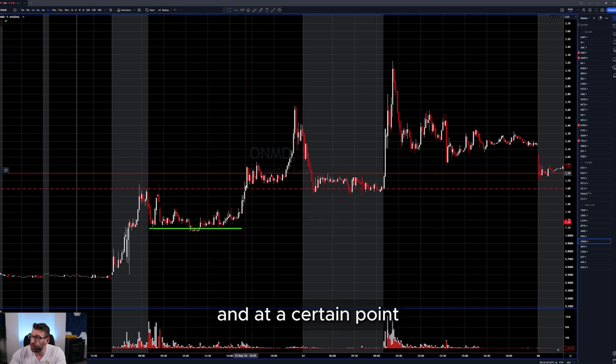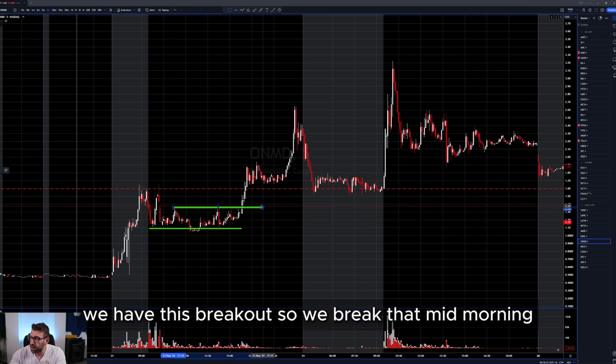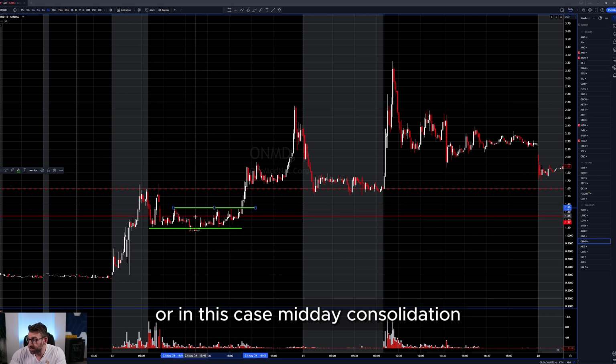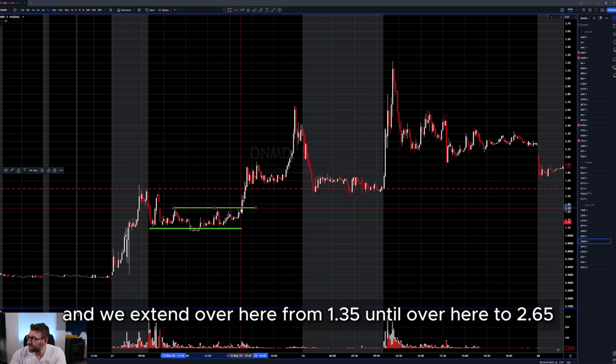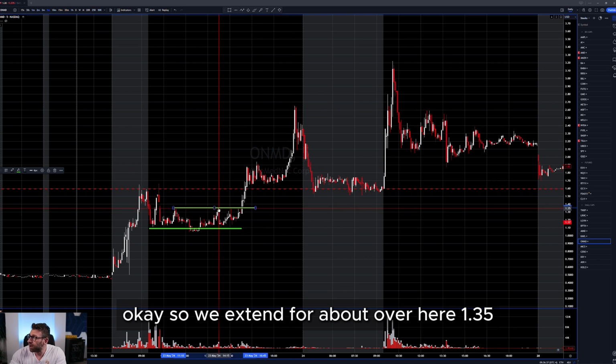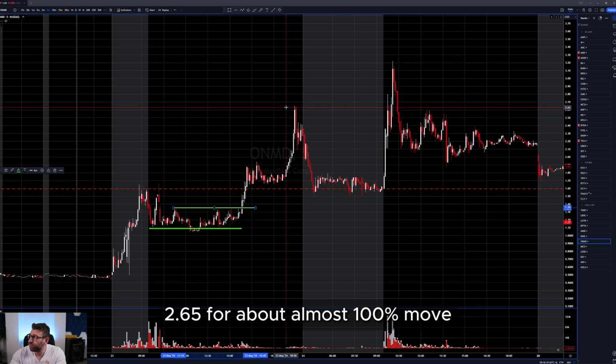And at a certain point, we have this breakout. So we break that mid-morning, or in this case, midday consolidation, and we extend from 135 until over here 265, okay? So we extend from 135 to 265, for almost a 100% move.